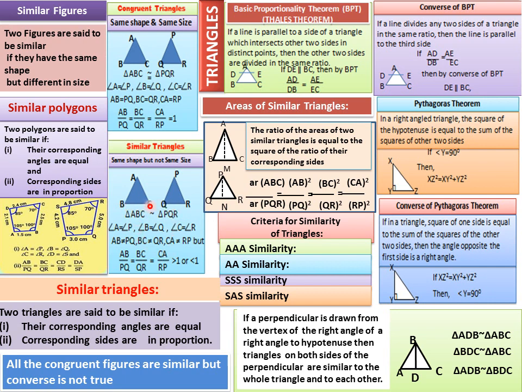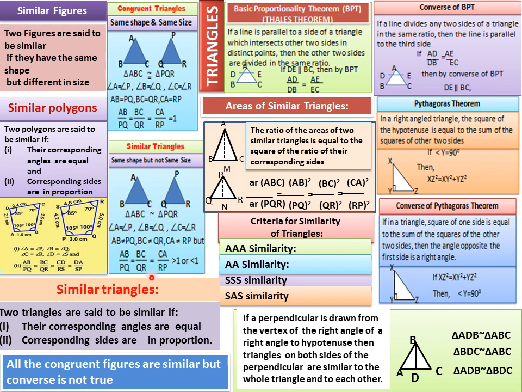Like BC by QR is equal to AC by PR, which is also equal to AB by PQ. If the ratio of the corresponding sides is the same and the corresponding angles are equal, then such two triangles are said to be similar triangles. So triangle ABC is similar to triangle PQR, and that similarity is represented by the tilde symbol.